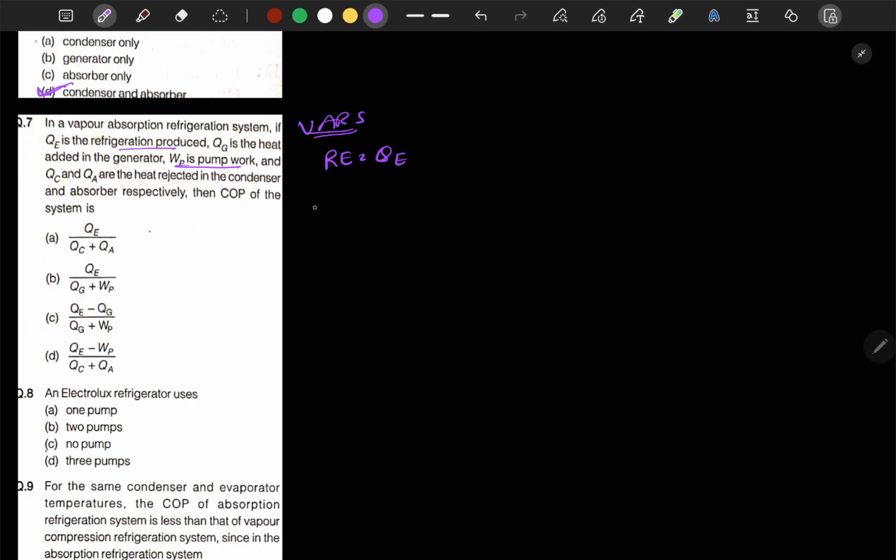The COP of the system will be, we know that COP is desired effect upon heat input, and the desired effect is our Q_E. Input, what is input? Q_G plus W_P. Option B should be correct.